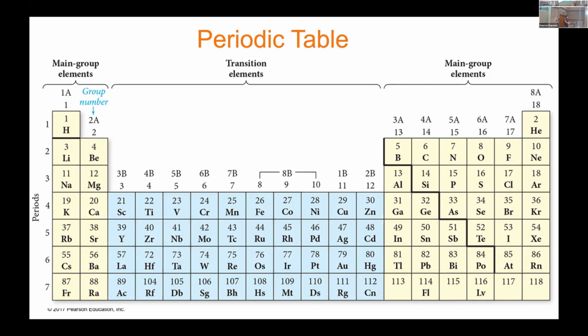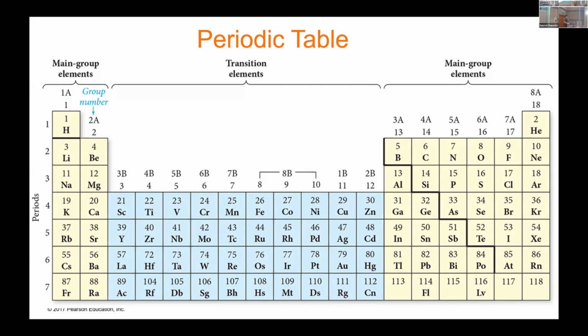So 7A is going to have a -1 charge because they are one electron less than the noble gases, which is what they need. To get to a noble gas, they need to gain one electron.